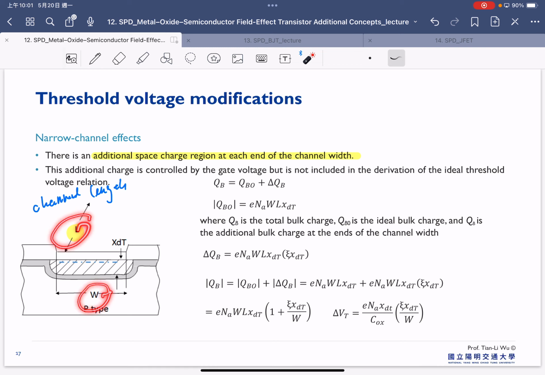So the additional charge is controlled by the gate voltage, but it is not included when we calculate the ideal threshold voltage here. So this one, XDT, is an additional space charge width.